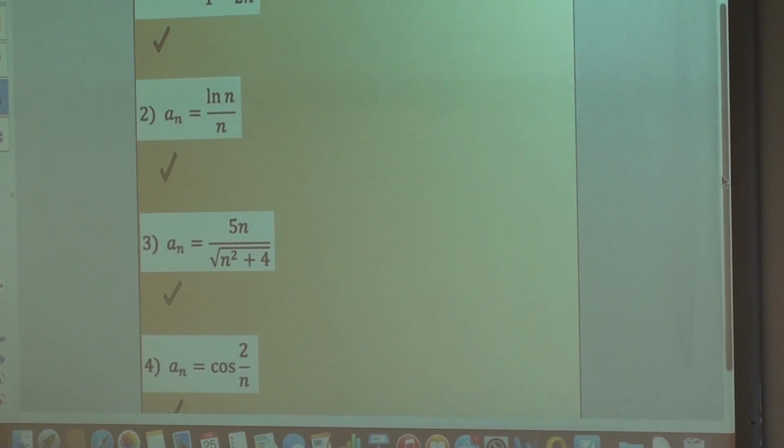Because it's infinity over infinity. The first 2 are convergent, right?